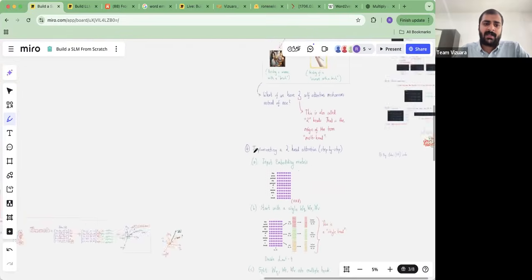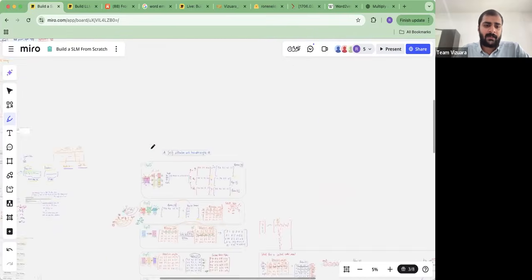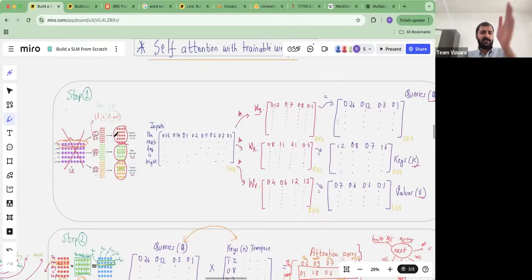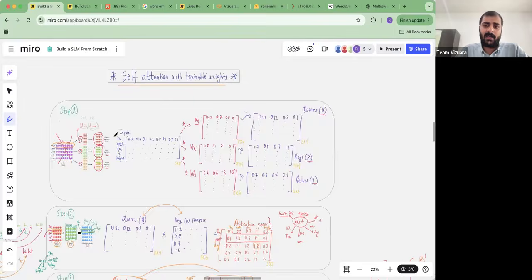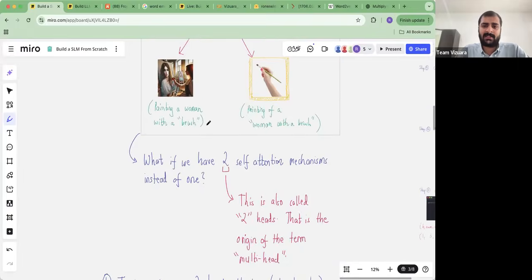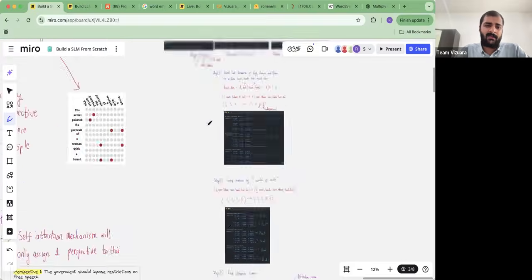The first reason why it's called multi-head attention is that what we saw so far is a single-head attention mechanism. In the multi-head attention mechanism, we assemble multiple different attention heads.